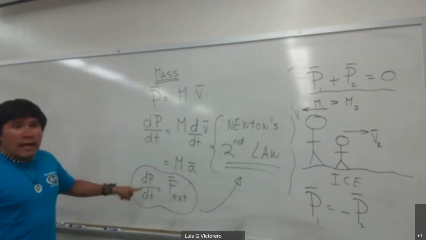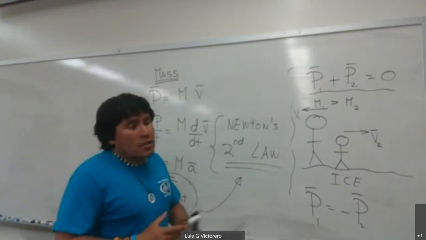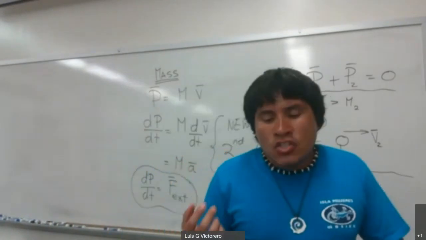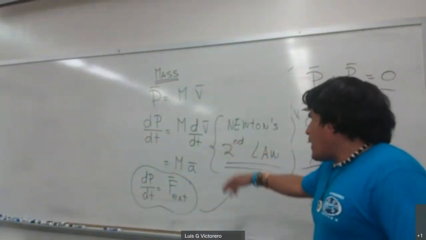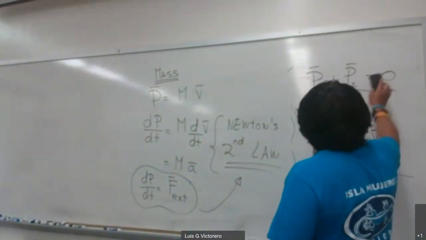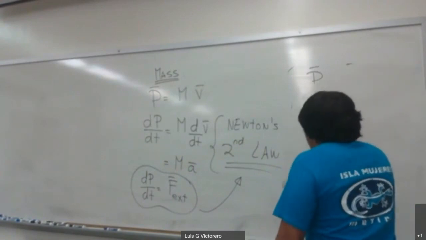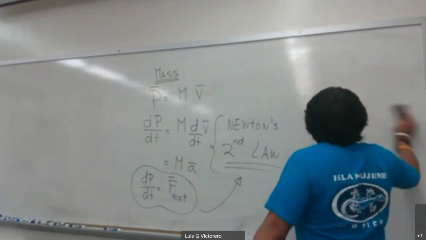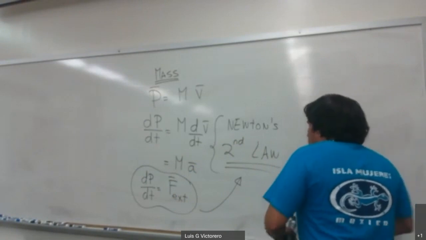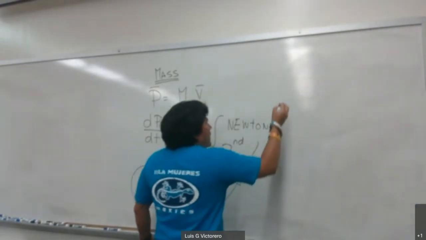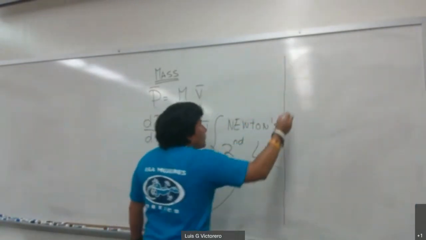And we know that the momentum will change if the velocity changes. Algebraically, the change of momentum is equal to an external force times time, because this is what you can do.